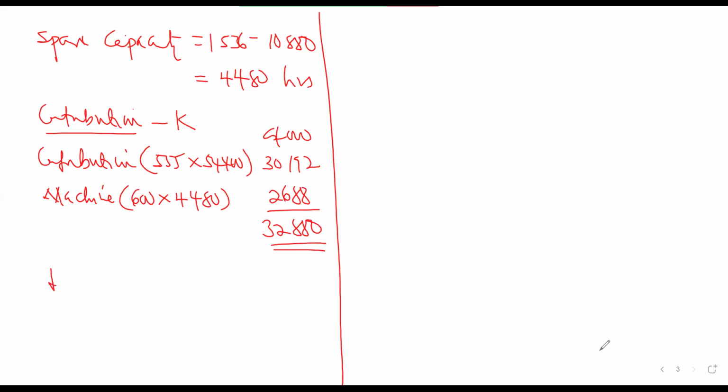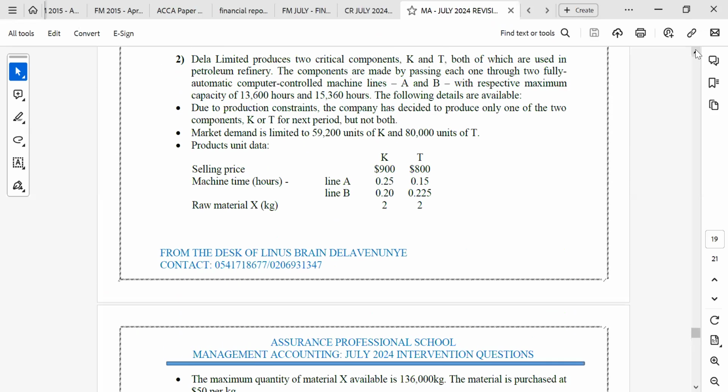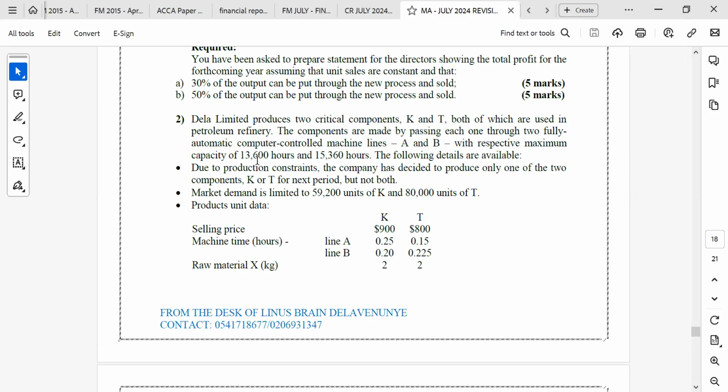Let's come to product T. What are the hours that we have got? If we are producing all the 68,000, we are going to be using line A machine hours of 10,200. But what is the maximum hours available on line A? 13,600.